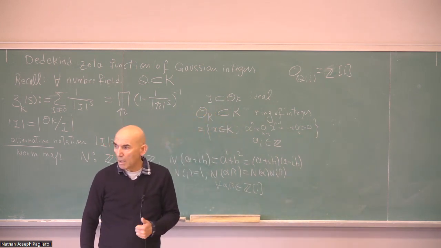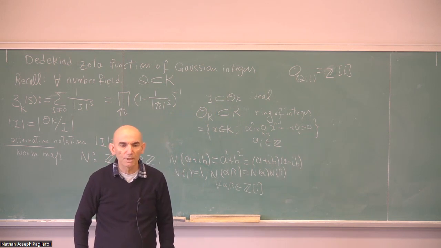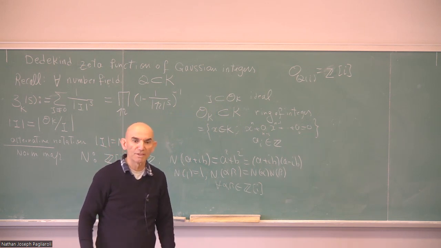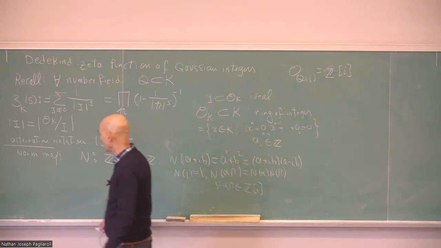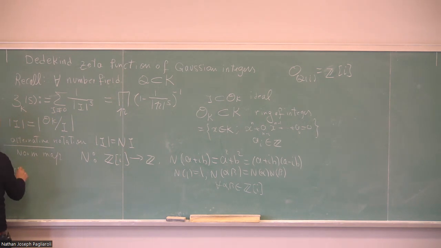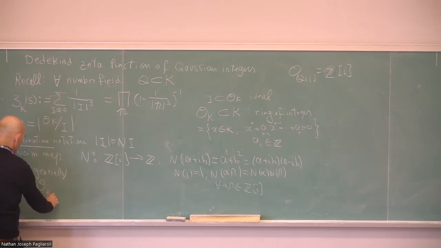Now this prompts me to give you the general definition. What is the definition in general? Because there is a way to define it. More generally, this norm map is defined from O_K to Z. How is it defined?